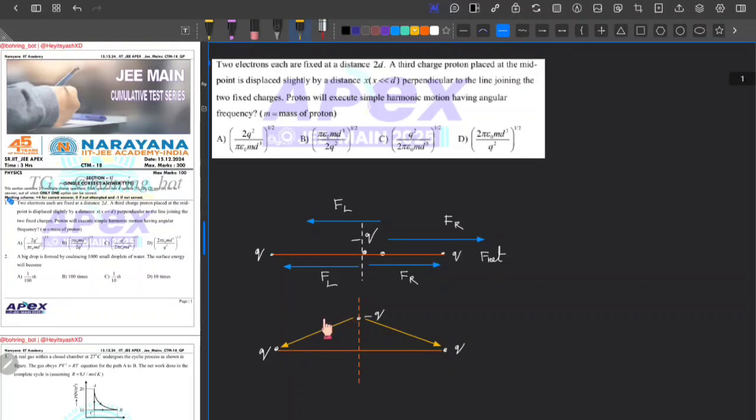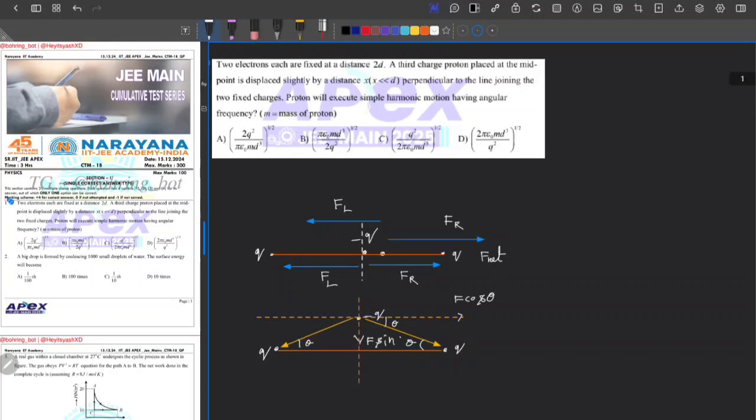If I do the components of the forces, let's say this angle is theta, and this angle will also be theta, and this angle will also be theta, right? So this is F cos theta, this is F cos theta, and in this direction it will be equal to F sin theta.